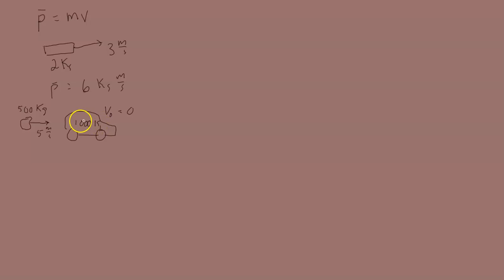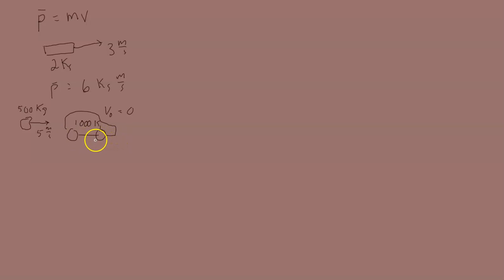This lump of clay comes flying in at 5 meters per second. It's going to hit the car, and the two will move off together. Once again, it's called an inelastic collision, and we've learned that in collisions momentum is conserved as long as there are no outside forces involved, like friction or air resistance.